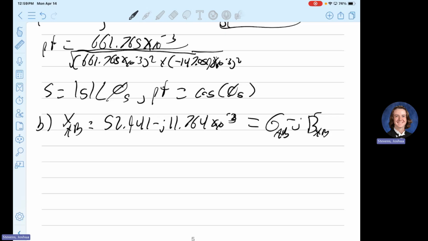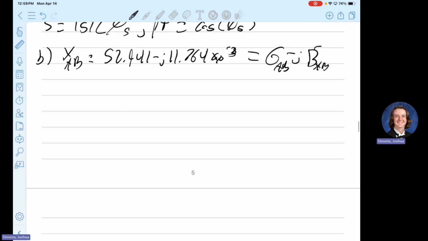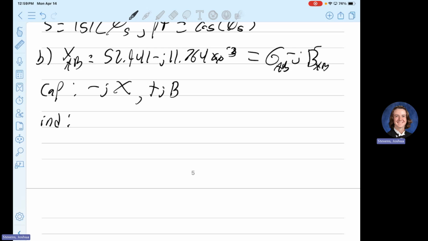That would be the case if this was impedance. A capacitor has negative reactance, but positive susceptance. An inductor has positive reactance and negative susceptance. That's just how these components work.